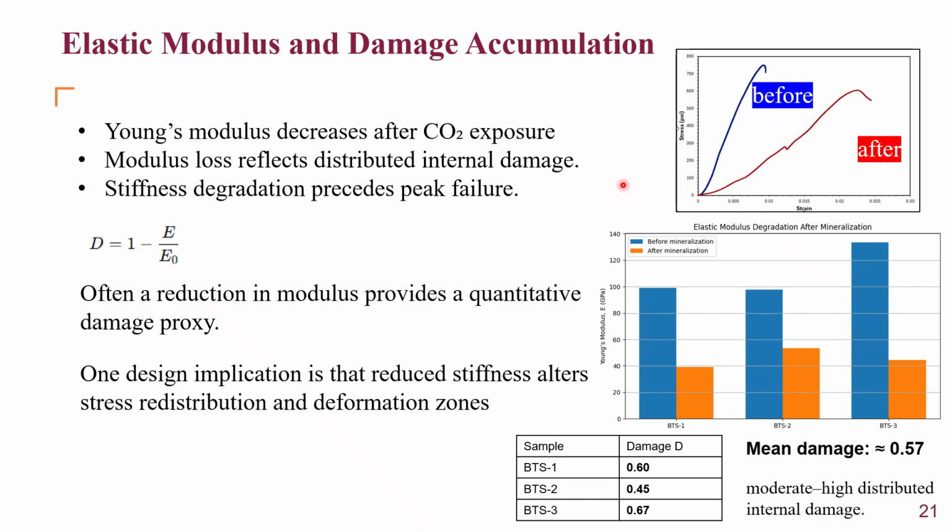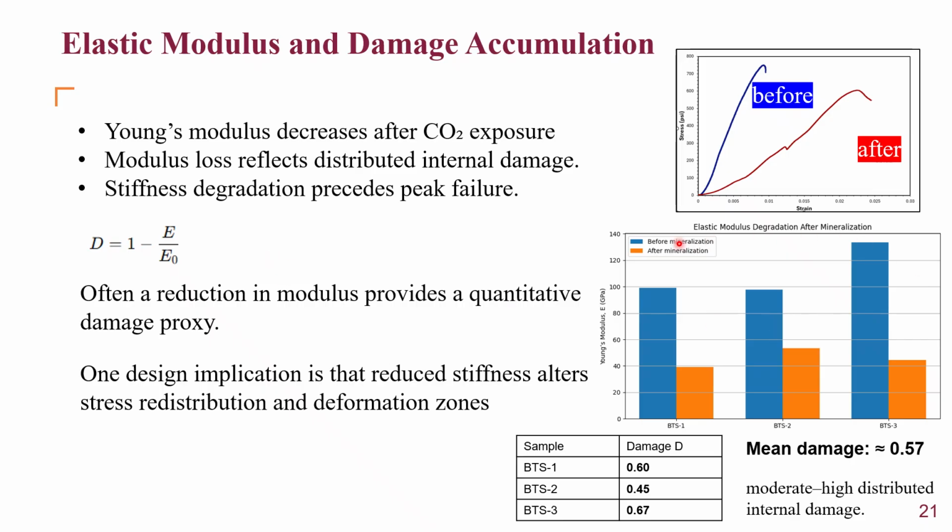The damage is quantified as D equals 1 minus E over E naught, where E naught is the Young's modulus before mineralization and E is the Young's modulus after mineralization. Now, scientists have realized that often a reduction in Young's modulus would quantify damage.